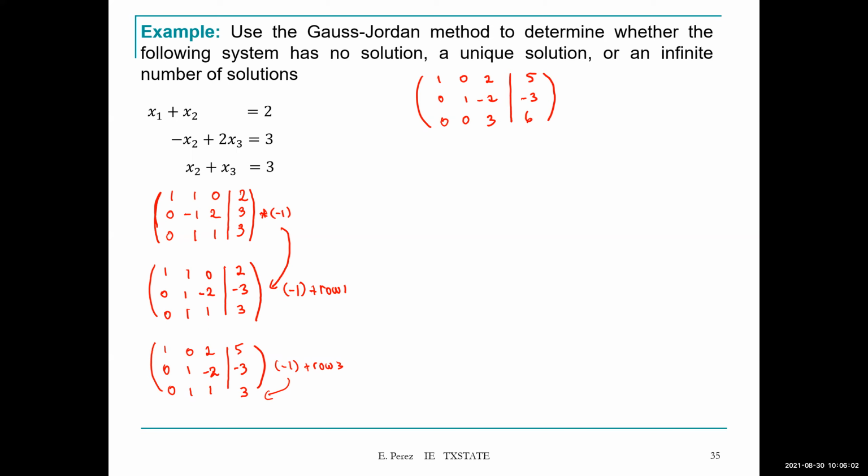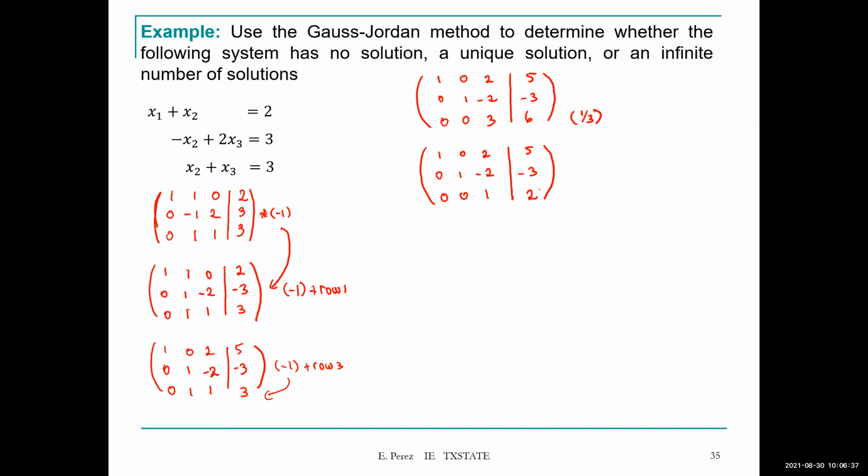Now we move to the third column. In order to make 3 equal to 1, I'm going to multiply this by 1/3. So the new matrix will look like this. First two columns are not going to change. 5, 0, 1, -2, -3. Then we have 0, 0, 1, and 2. And we proceed to make the rest of that column equal to 0.